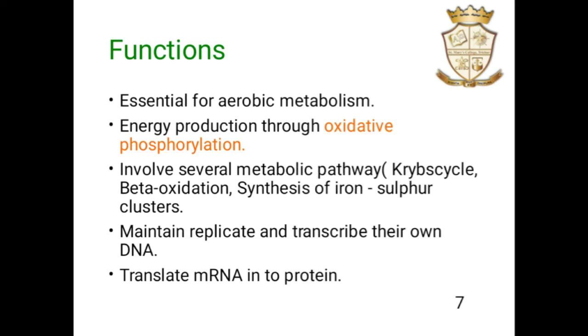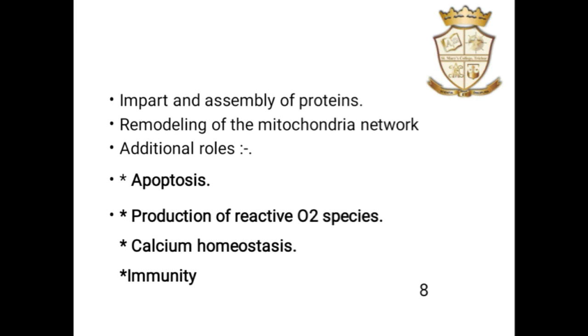Their own DNA is replicated and transcribed and translated from mRNA into protein. From the protein the function takes place, and it imparts the assembly of protein and remodeling of the mitochondrial network. Any damage that occurs may be remodeled.